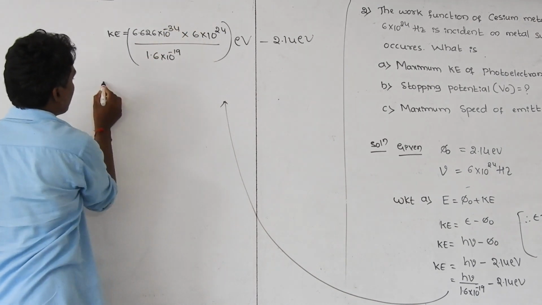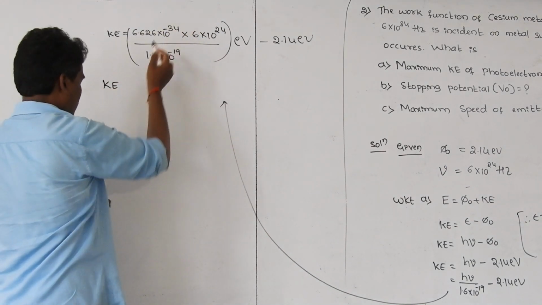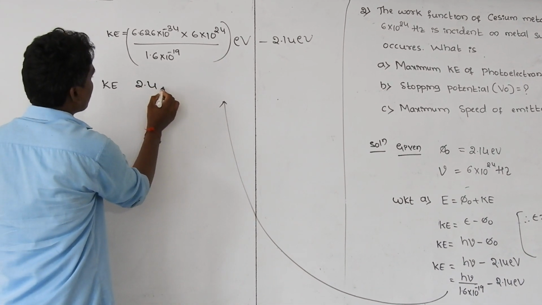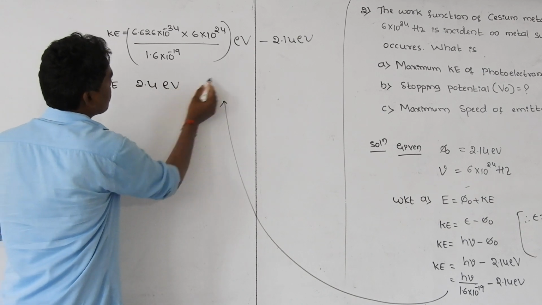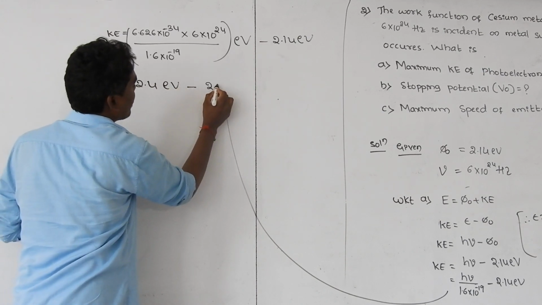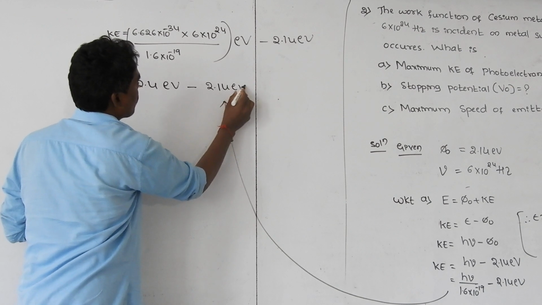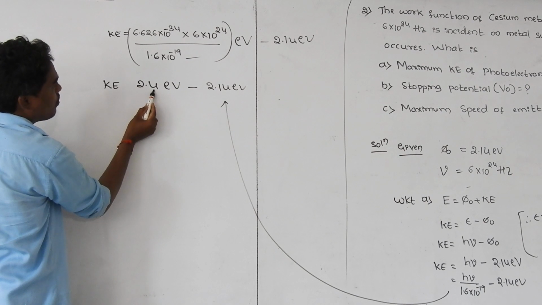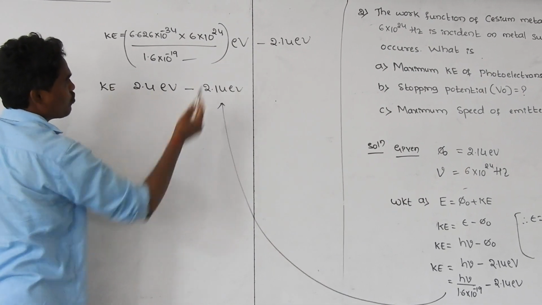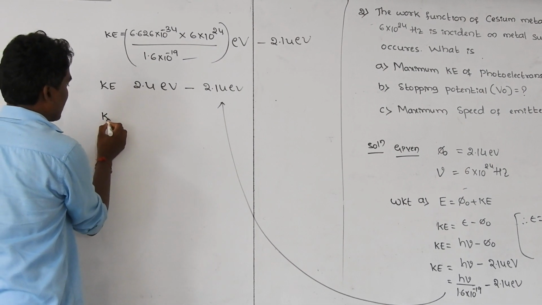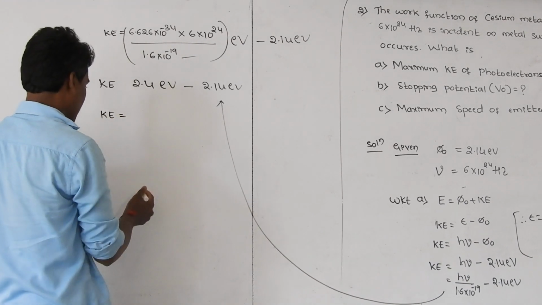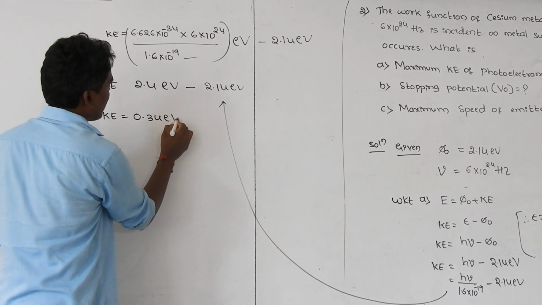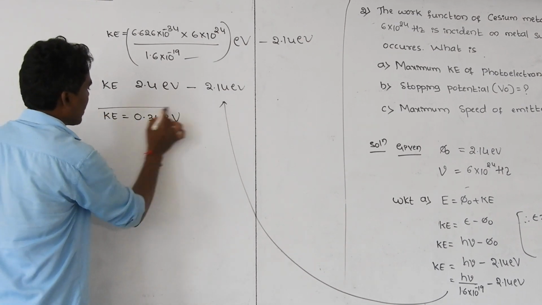Find out this value, you are getting 2.4 electron volt minus 2.14 electron volt. After simplification, the kinetic energy is 0.34 electron volt.